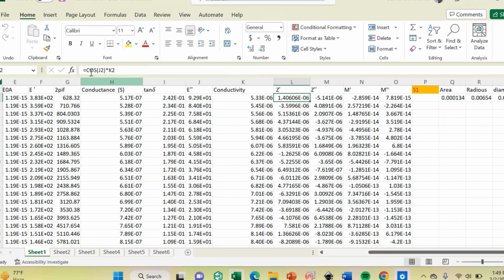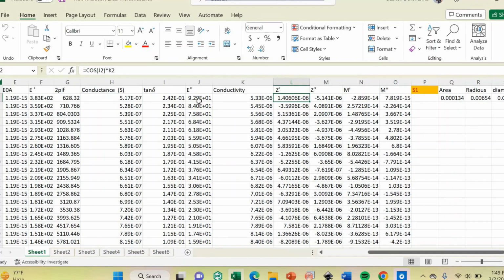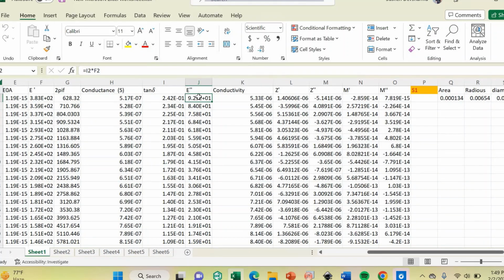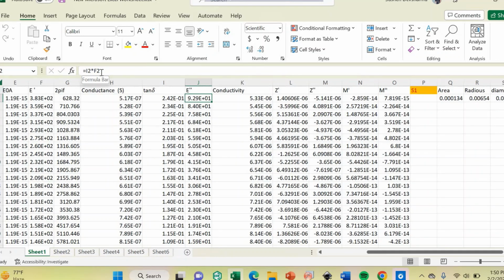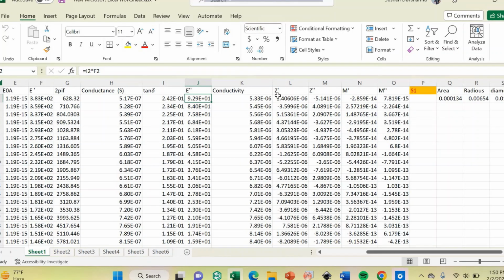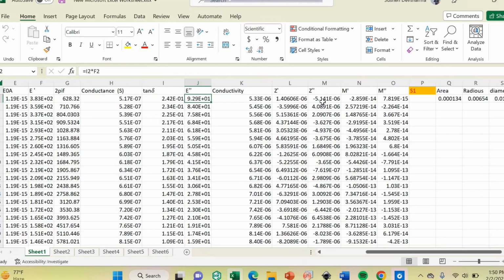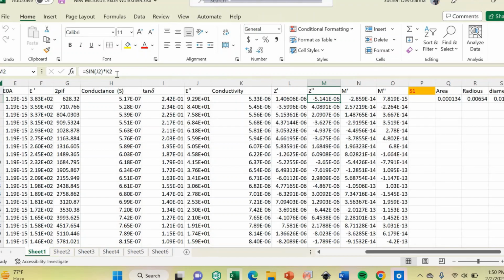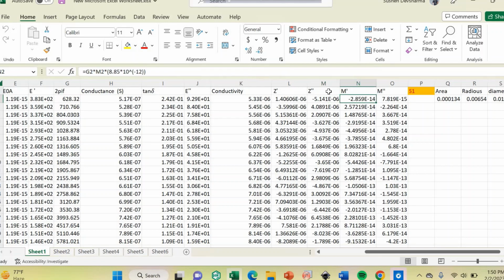Here you can see equal cos J2, where J2 refers to epsilon double prime, the imaginary part of permittivity. Using this calculation, you get Z prime, the real part of impedance. For the imaginary part of impedance, you can use equal sin Z2 into K2, where K2 is conductivity.